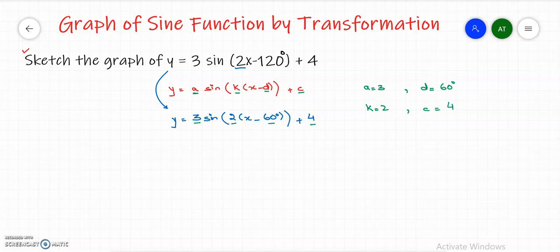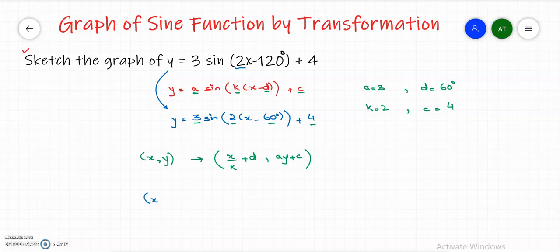Whenever we have to sketch the graph of any function by using transformation, we need the coordinates, right? So the x, y coordinates are going to change with the formula x over k plus d and a y plus c. Let me substitute the values of the transformation.